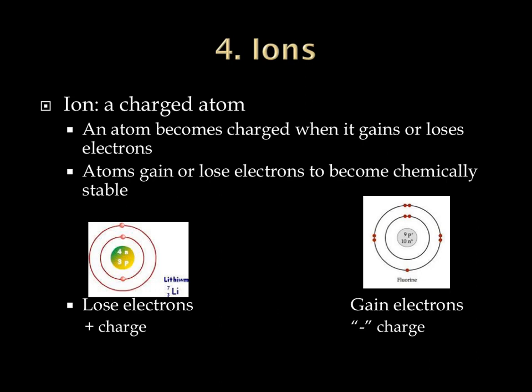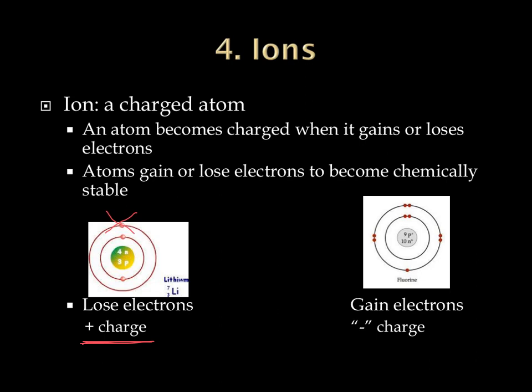Lithium has only 1 electron in its outer level. So generally, lithium will lose that outer electron. So that one will go bye-bye. What happens then is this: there's 2 electrons left in the atom, but there's 3 protons in the nucleus. Overall, because we lost a negative charge, it leaves the atom positively charged.